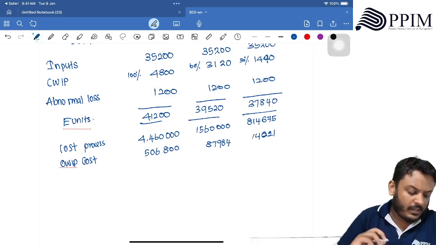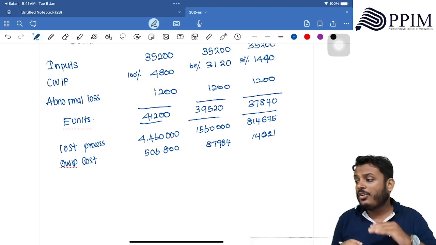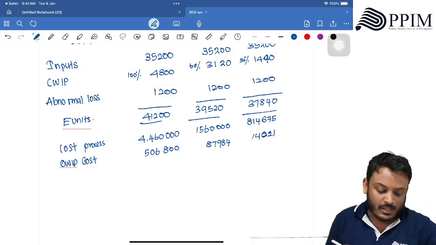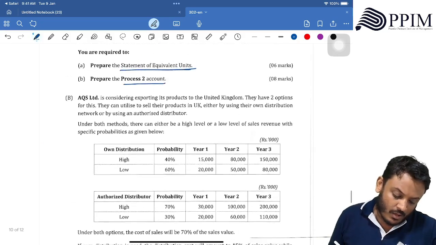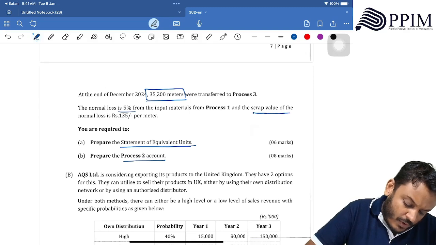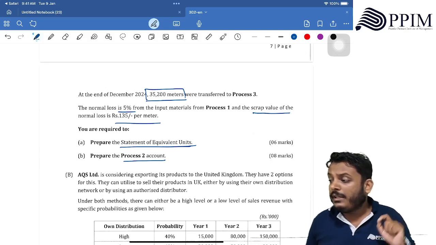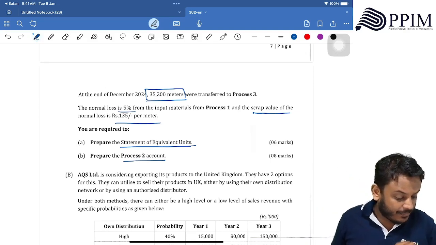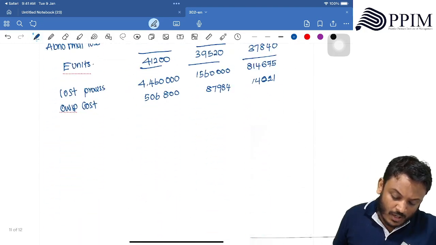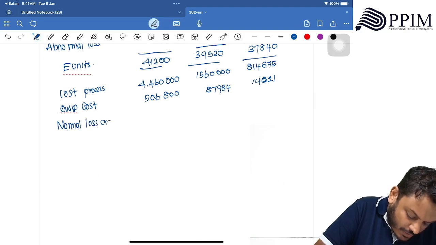But try to understand one thing: losses can be scrapped. It is given here that the scrap value of the normal loss is 135 per meter. So the normal loss scrap value will reduce the input cost.